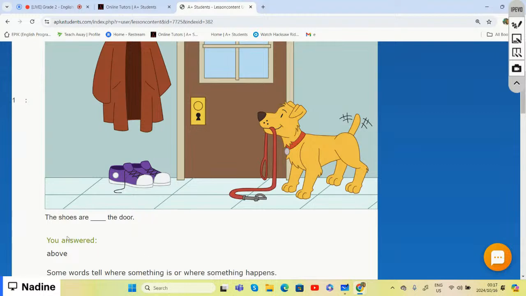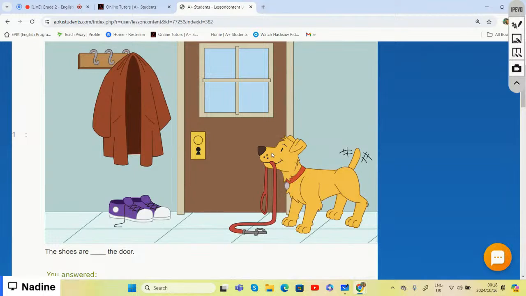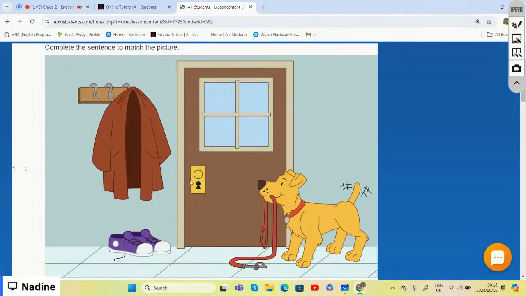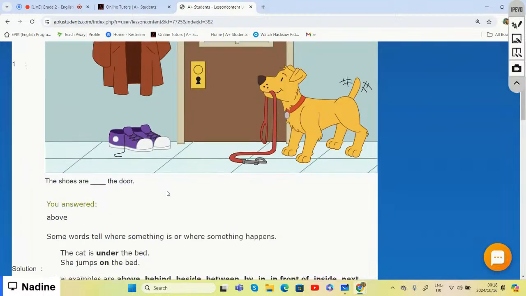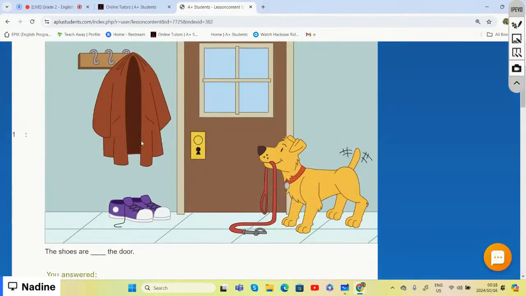So we need to say where the shoes are. There we have the door, and here we find the shoes. Where are the shoes, based on that example that I gave you?